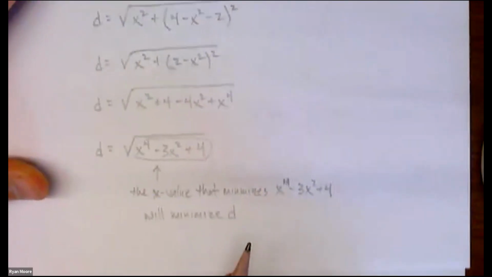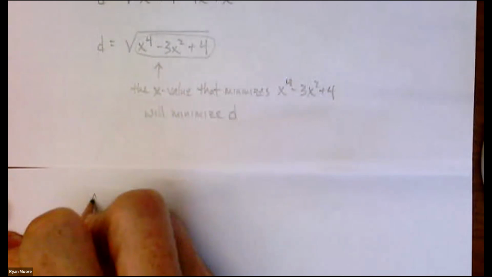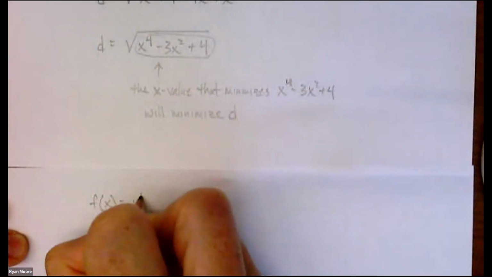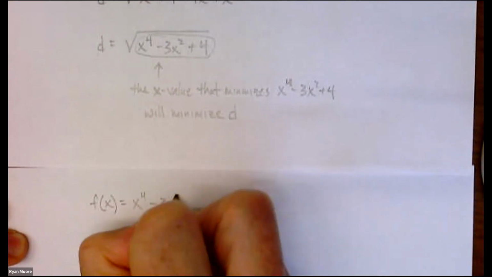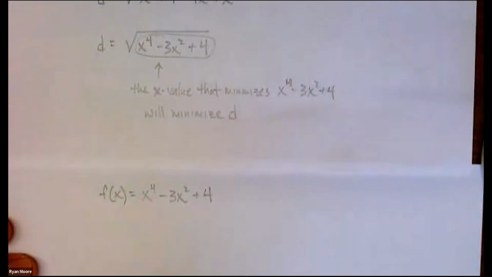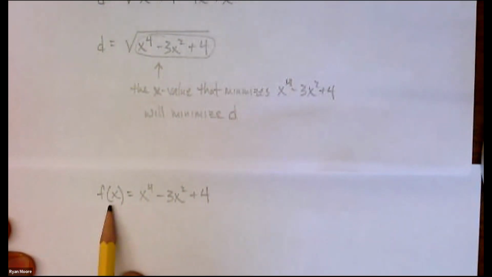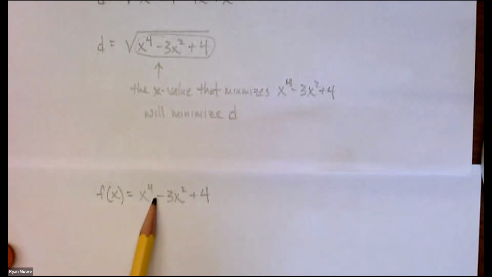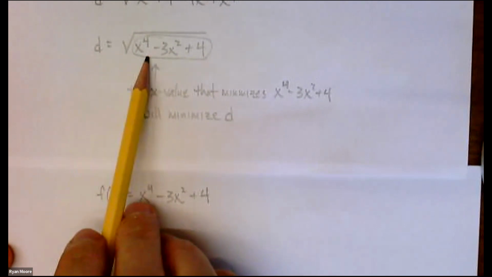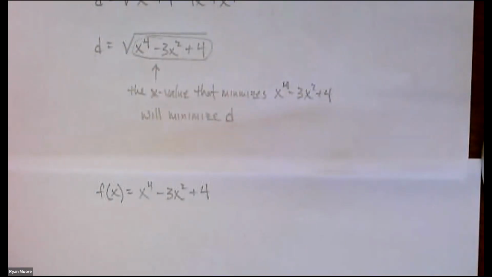Here's what we're going to do. We're going to create a new function. Let's call it f of x, just equal to what's inside there. If we minimize f of x, like if we find the x value that minimizes f of x, then that's the same x value that minimizes d.